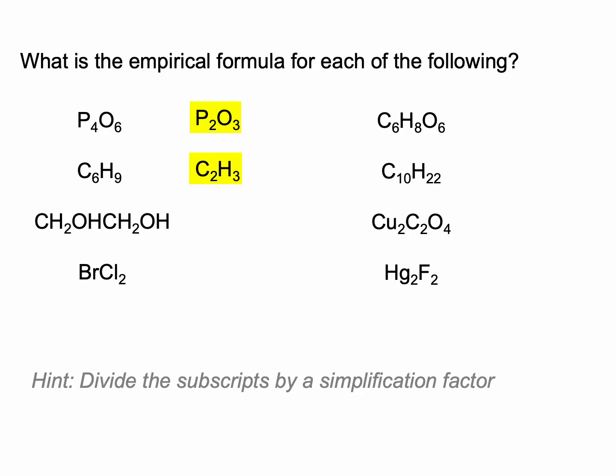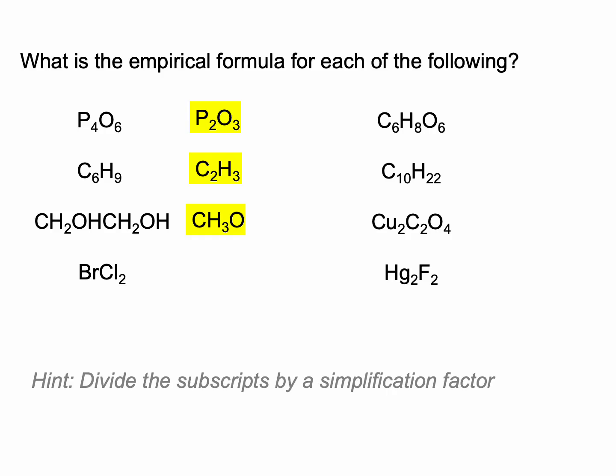For the next one, you would have to add up how many carbons you have. So it's C2H6O2. And so we have a common factor of 2. So we get that. And then I will let you go on and finish the rest of them.